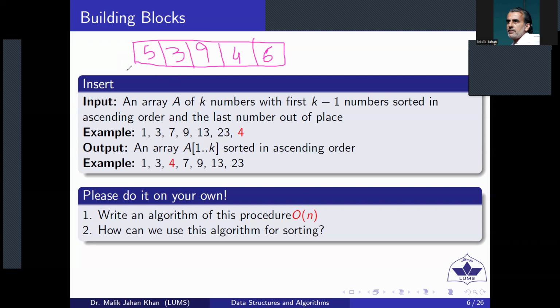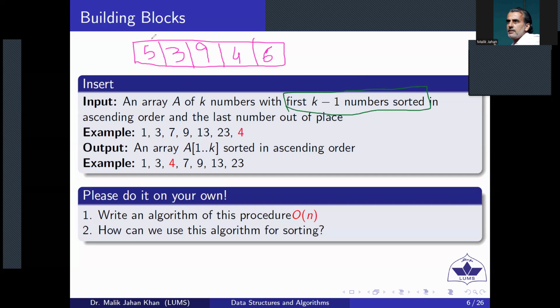But the restriction is that we have to use this insert building block, which we would have designed by now, to be repeatedly called in a certain fashion, such that the overall input is sorted. Now, if you look at the characteristic of the insert procedure once more, it expects that the first k minus 1 elements are already sorted.